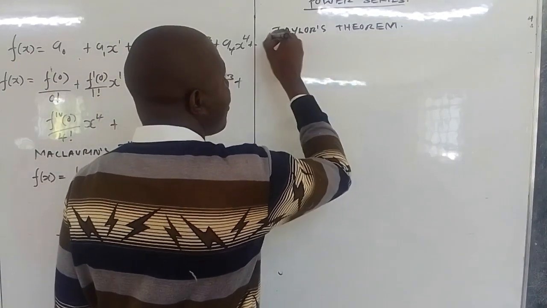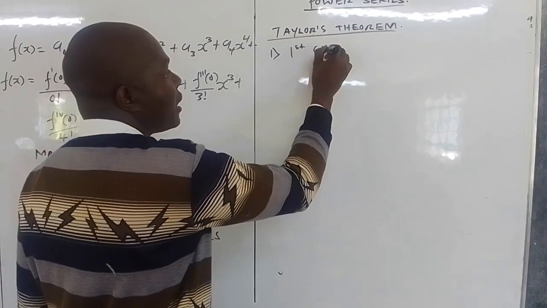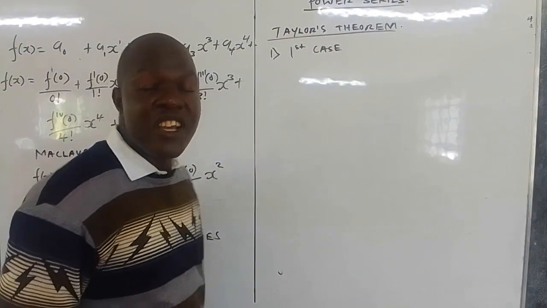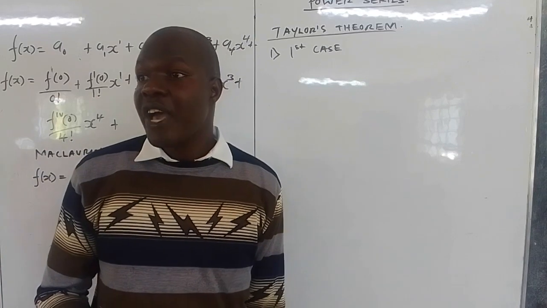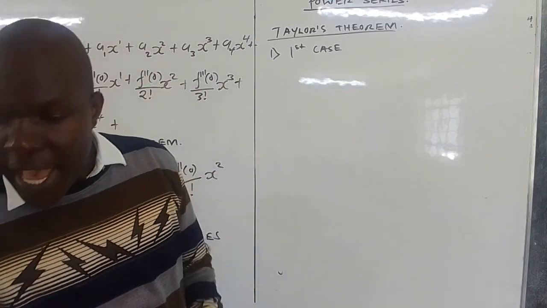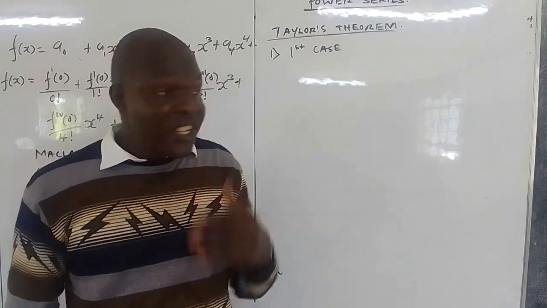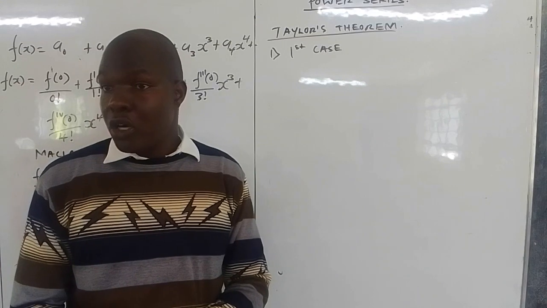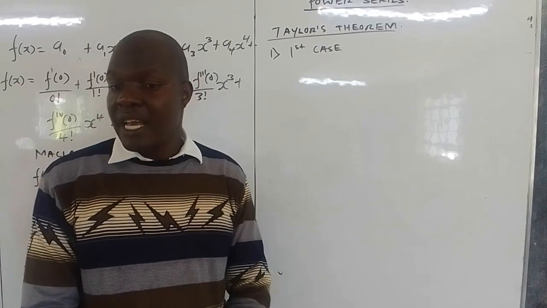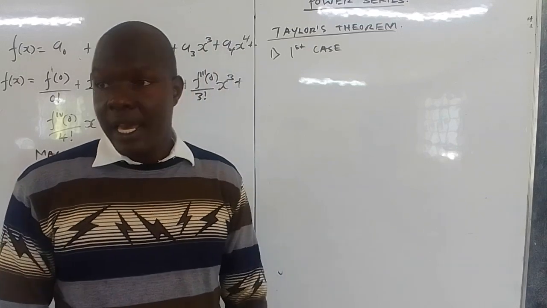Taylor's theorem. So the first case of the Taylor's theorem, we want to see the Taylor series expansion of a function f of x at a point when x is equal to a. Are you writing what I'm saying? The Taylor series expansion of a function f of x at a point when x is equal to a.